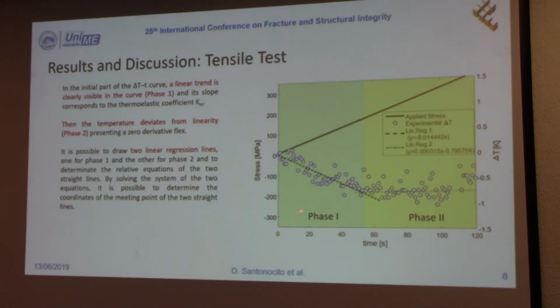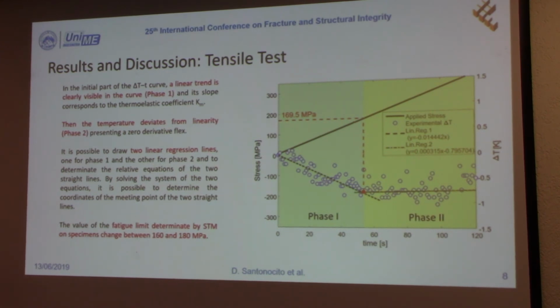If we make a linear regression of the two different zones and make the intersection between these linear regressions, we can assess the fatigue limit of the material and it can be easily read on the stress axis.